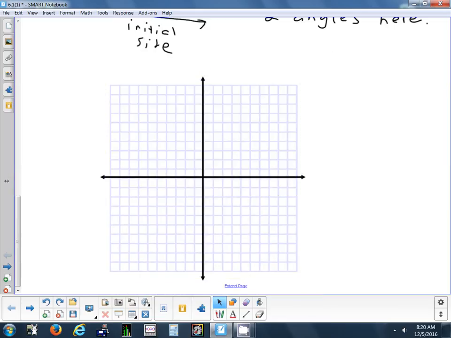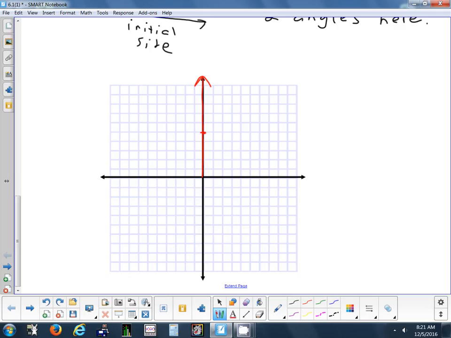Okay, there's our graph paper. And they say, for example, the terminal side goes through the point (0, 5). There's the point (0, 5). They just want you to draw the terminal side right there. Now, they didn't tell me where to put the initial side, but I'm going to tell you in a second where you always put it, if they don't tell you.